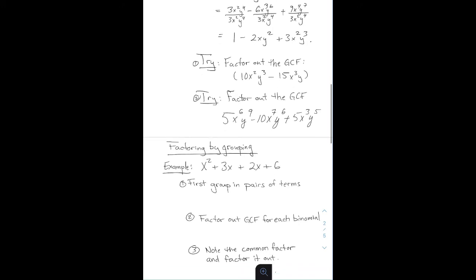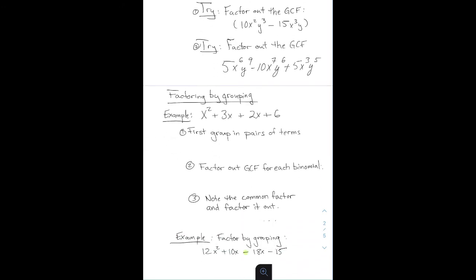So we can go back up here and try these out. Factor out the greatest common factor of those. Factor out the greatest common factor by first finding the greatest common factor, and then you can divide, just like we did in the example above. You might also just guess and check.